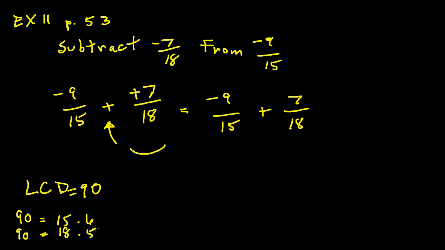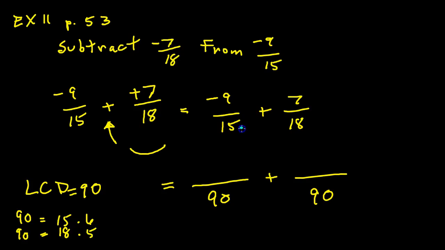So we can see 90 is a multiple of both 15 and 18, and it's the smallest number that's a multiple of both, hence the name common denominator. I'm going to want to convert these fractions to equivalent fractions with 90 as my new denominator. Watch out for the signs here.